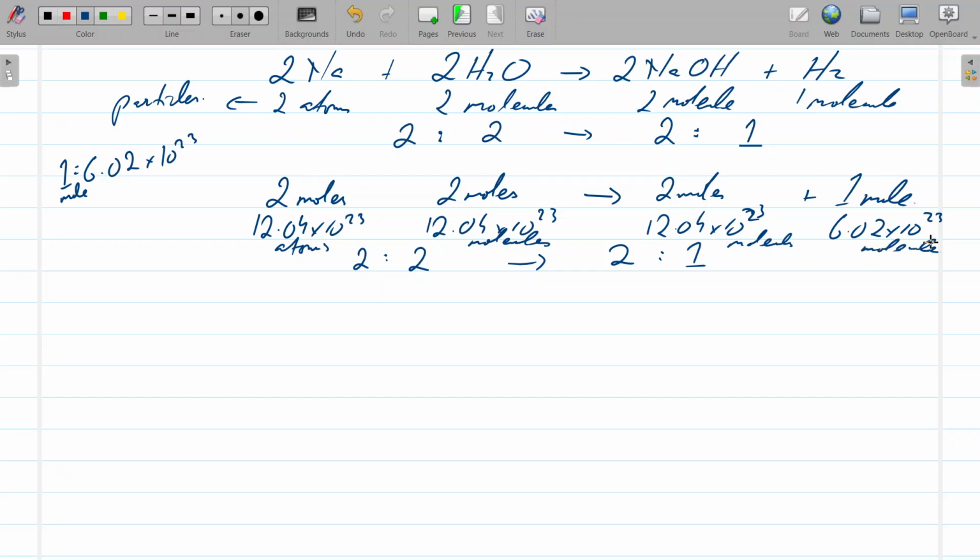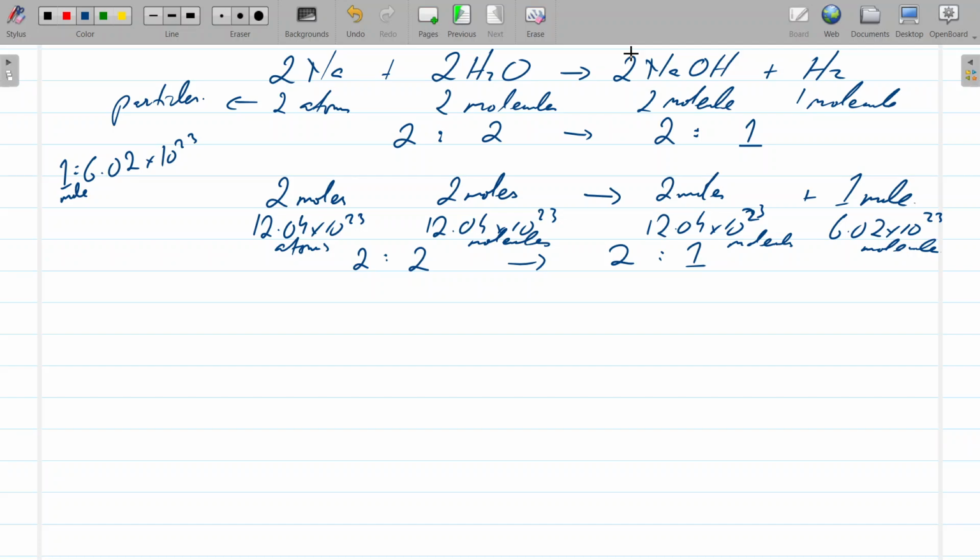So looking at it in terms of moles versus the minimum that's happening, which is 2 atoms and 2 molecules reacting to give 2 molecules of sodium hydroxide and 1 molecule of hydrogen.